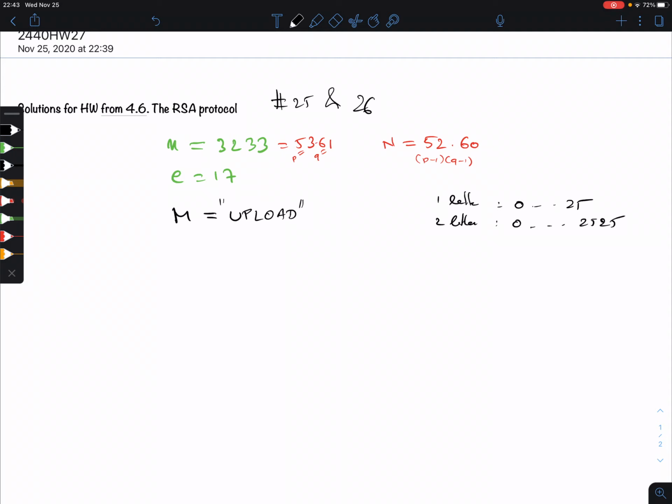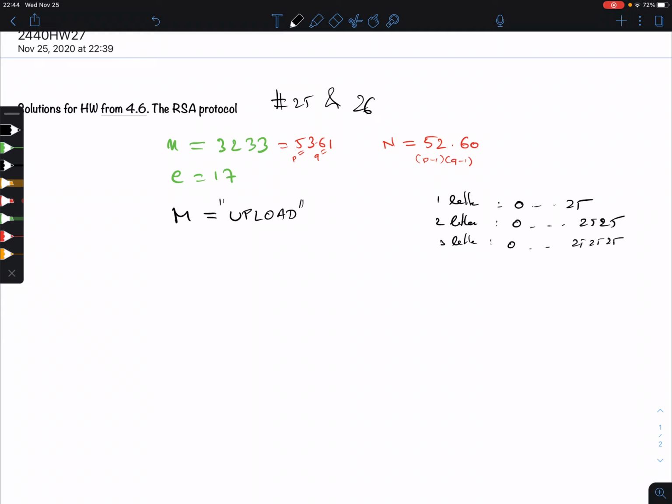And so what we always need, therefore, if we're going to do two letters, is that all possibilities have to be smaller than the modulus. Okay, that's why we cannot treat three letters. What would three letters do? It doesn't work, because three letters will go up to ZZZ.